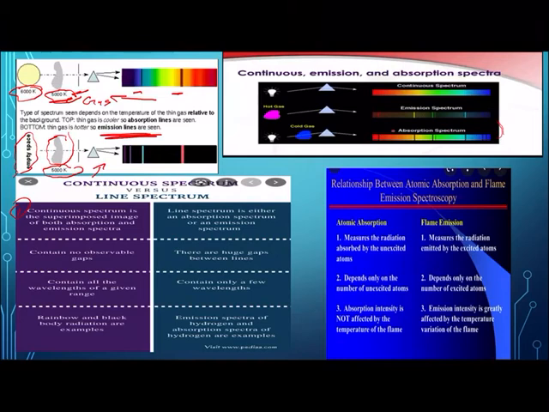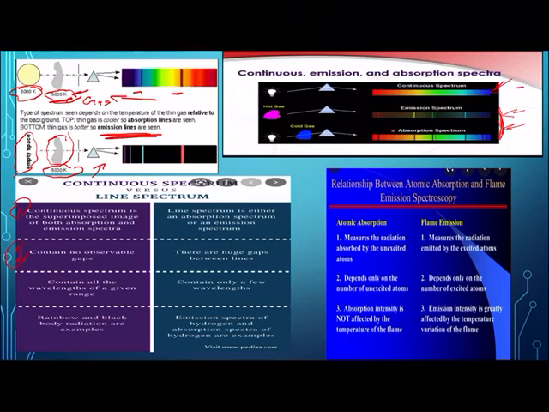A line spectrum is either an absorption or emission. So this is the difference. The continuous spectrum is the superimposed image of both, absorption and emission, while the line spectrum, on the other hand, is either emission or absorption.